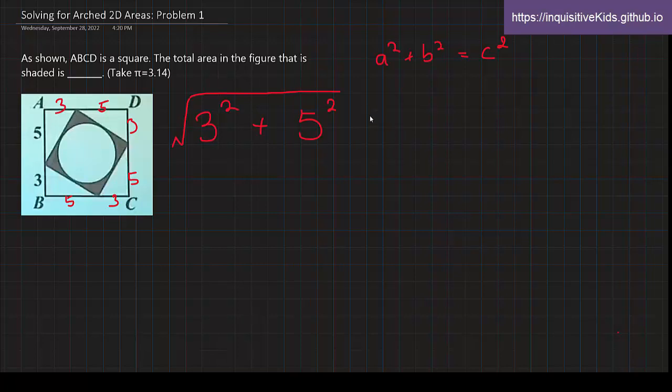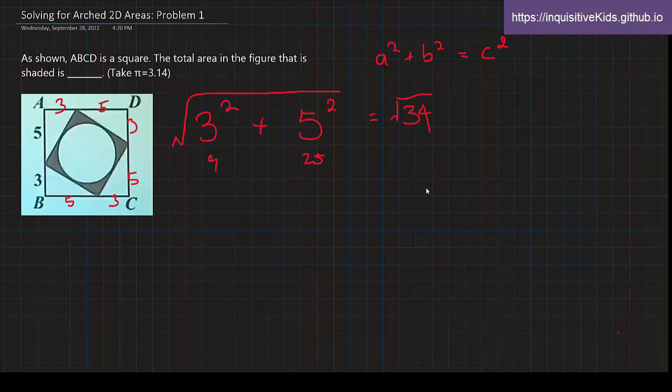in order to find the hypotenuse, we just add 3 squared and 5 squared, and that is 9 plus 25, which is 34. So the side length of that square is going to be the square root of 34.